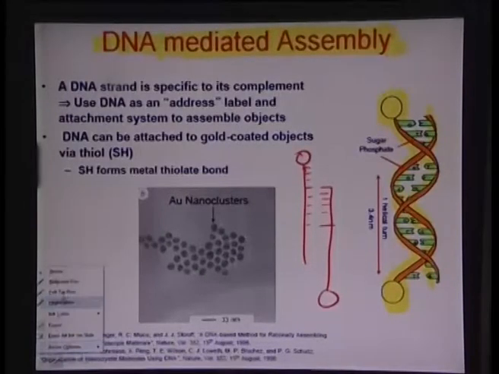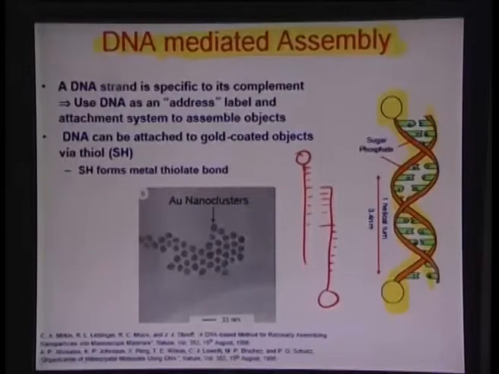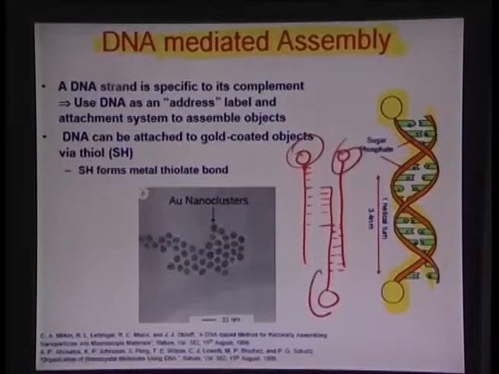Okay. So it binds to another third molecule here which has another of these particles, and so there are several such strands which by means of complementarity between the strands would keep binding to each other. Okay. So that is how the DNA mediated self-assembly process would happen.